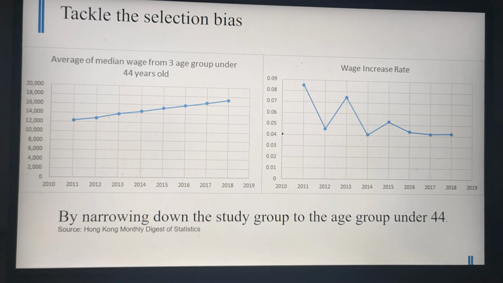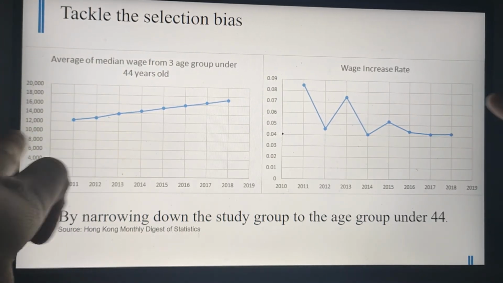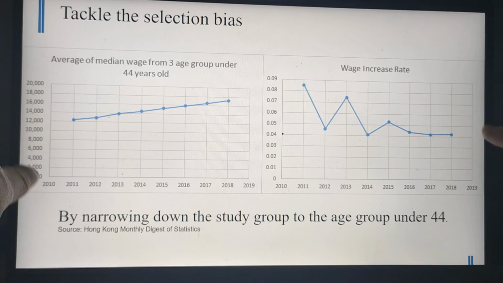So that's why we choose 44 years old. Those two graphs I just made are from authentic data, not made up or faked. Okay.